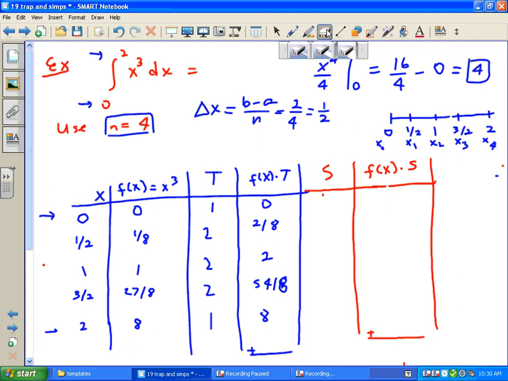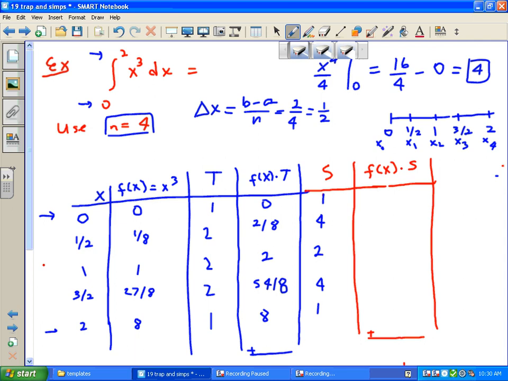In one shot, I want to be able to do Simpsons and trapezoid, so let's also proceed with the Simpsons coefficients. Okay, what are the Simpsons coefficients? You should always start with a 1, 4, and always end with a 4, 1 with Simpsons. And in the middle, you're going to alternate 4, 2, 4, 2. In this case, there's only one place to put a 2.